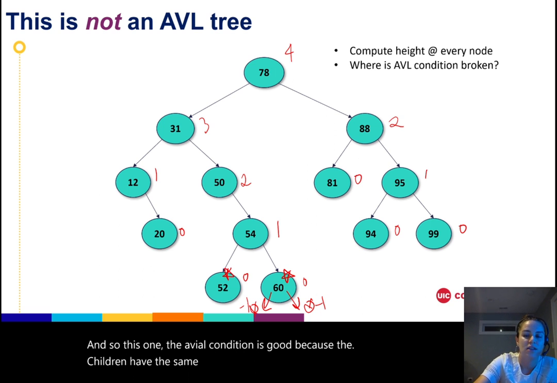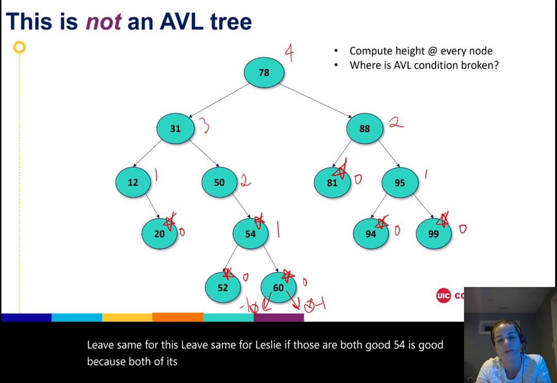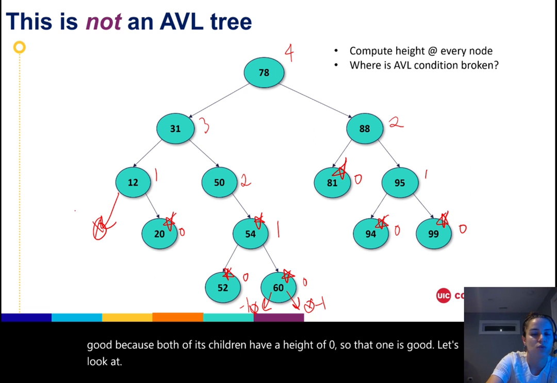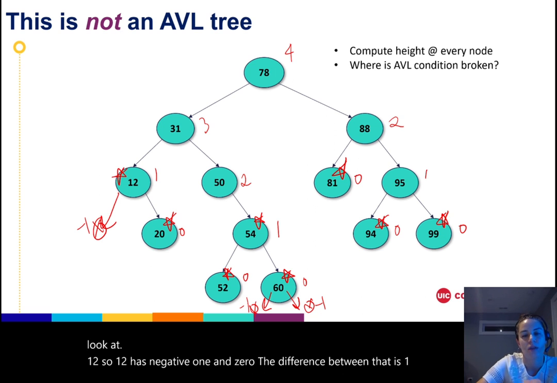Same for this leaf, same for this leaf, and the rest of the leaves. 54 is good because both of its children have a height of 0. Let's look at 12. 12 has -1 and 0. The difference between those is 1, so this one is okay.